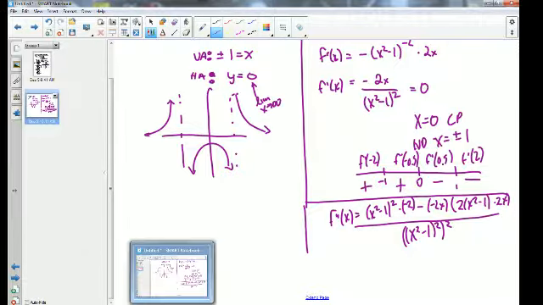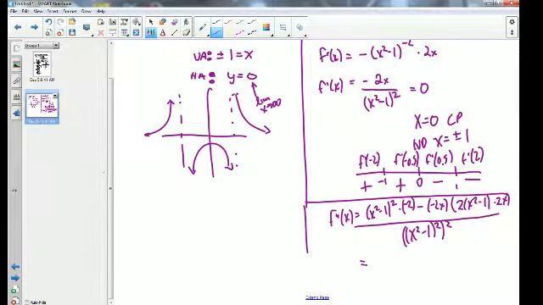Okay, this top is messy. It'll be plus, and we have 2x times 2 times 2x, which is 8x squared times x squared minus 1.